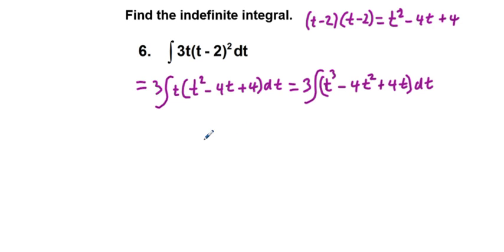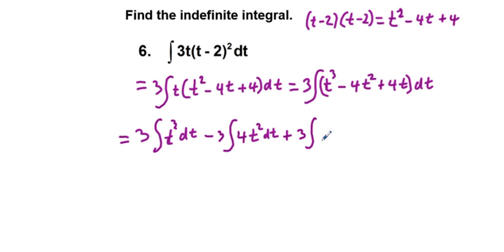So let's go ahead and separate this thing out now. We're going to have 3 times the integral of t cubed dt, minus 3 times the integral of 4t squared dt, plus 3 times the integral of 4t dt.